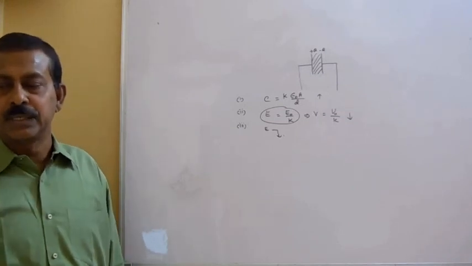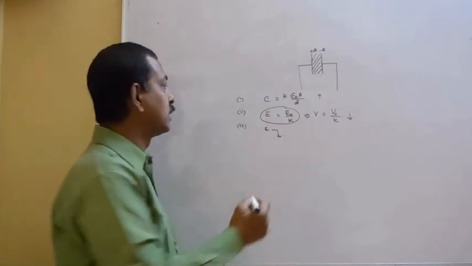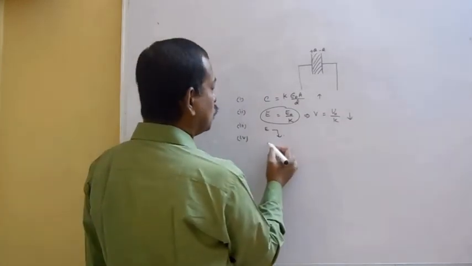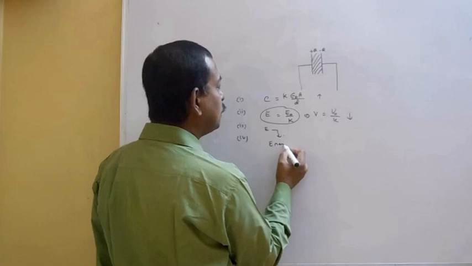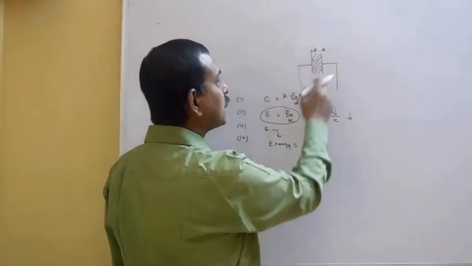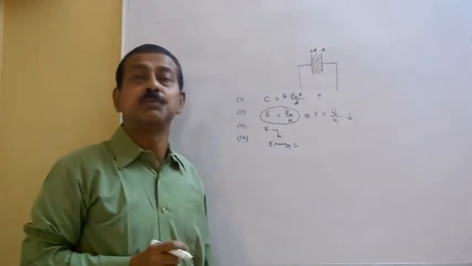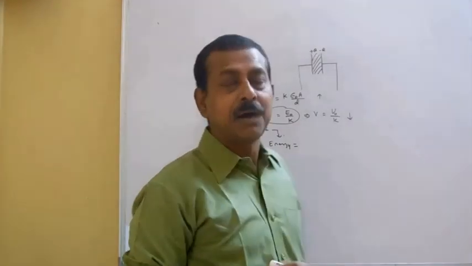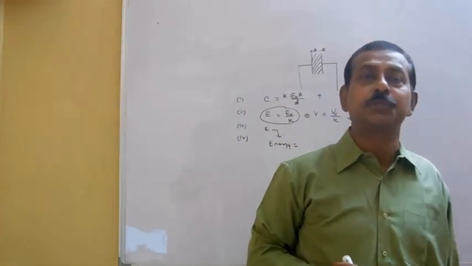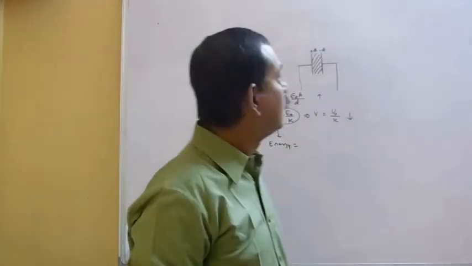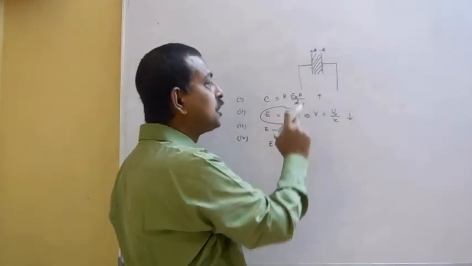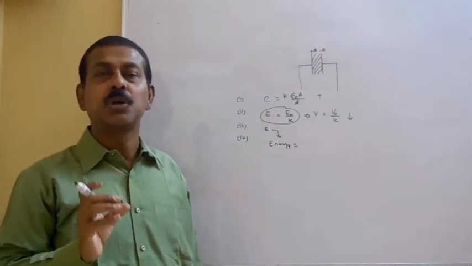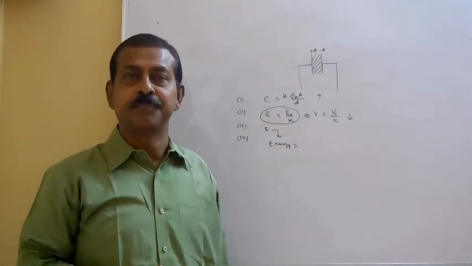And the last one is the energy stored in the capacitor. For this energy stored, which formula should we use? We have the formulas Q square by 2C, half CV square, or half Q into V. Now you can see, if the capacitor was charged and then disconnected, that means the charge stored on the capacitor has remained the same.